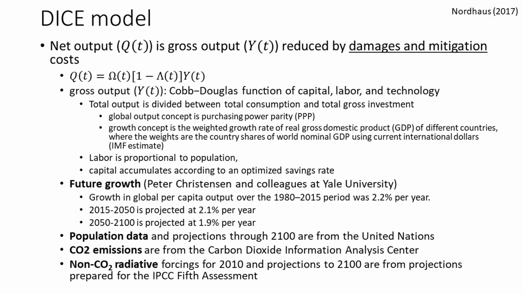For CO2 emission, there is an information analysis center, so they were taking the data from there and just utilizing it. And yeah, this non-CO2 radiative forcing, this term of forcing appears so many times in the different papers.